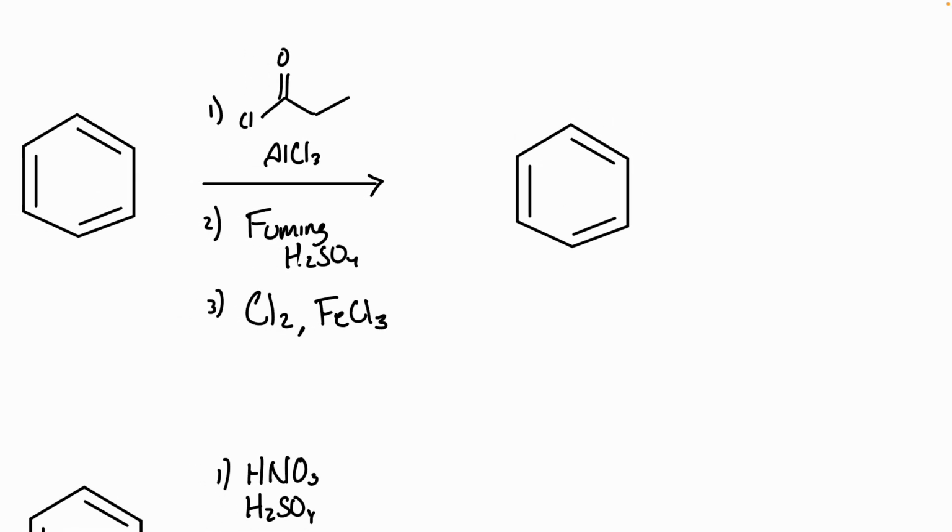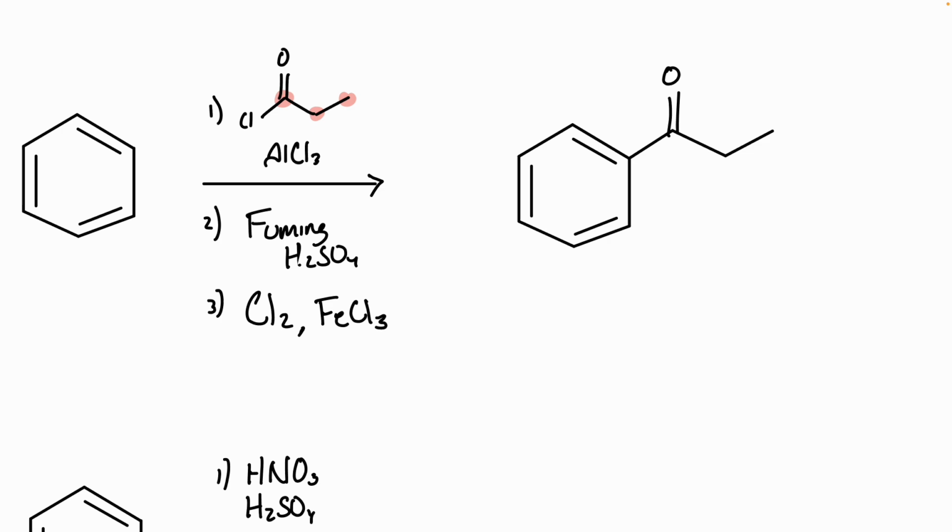All right, so this first reaction is that Friedel-Crafts acylation reaction. I'll add these 1, 2, 3 carbons to my ring, attaching it at that carbonyl carbon. I'm now going to do my next reaction here, which adds that sulfonic acid group.